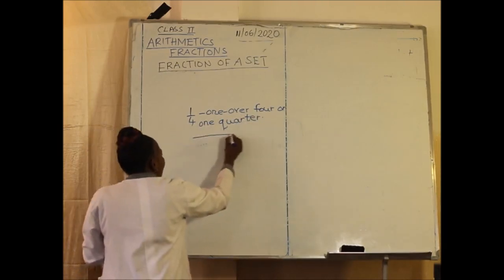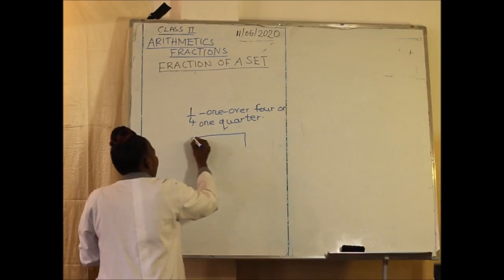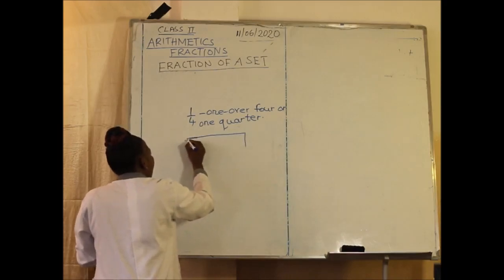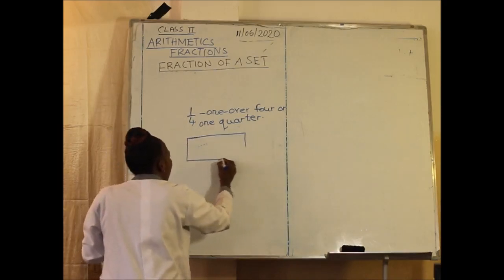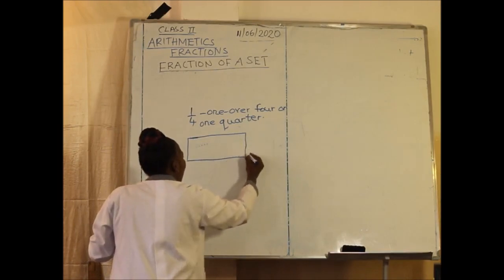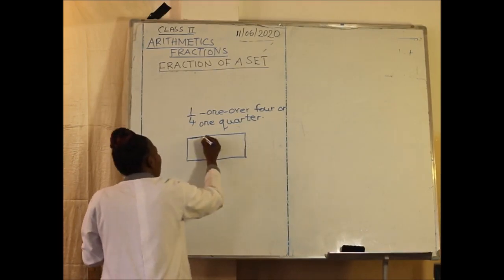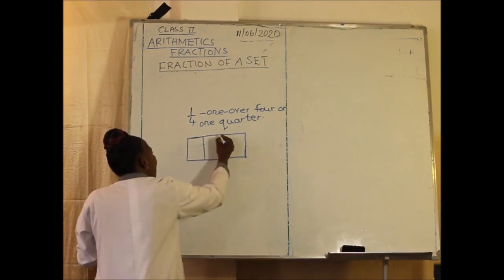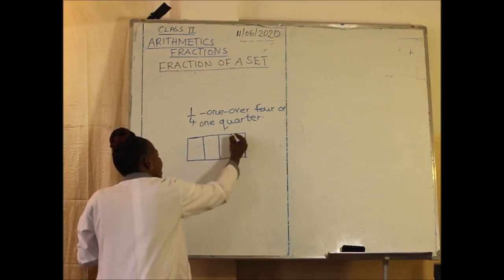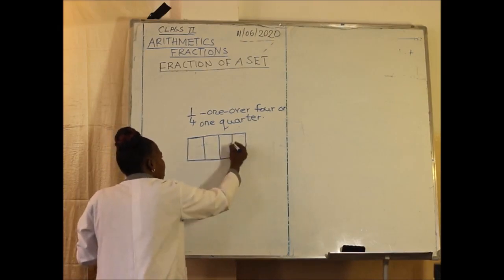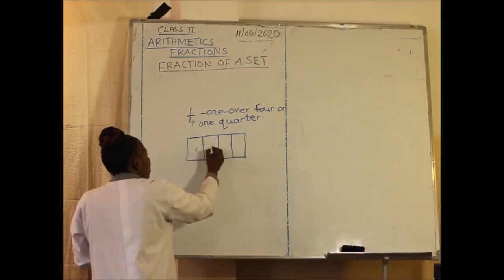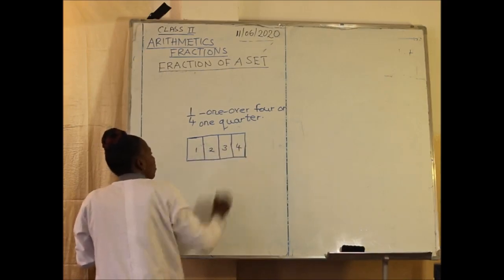Maybe you have a bar of chocolate like this one. Then you are supposed to divide it into 4 equal parts. So we have the first part, the second part, as well as the third and the fourth part. So we have 1, 2, 3, 4.